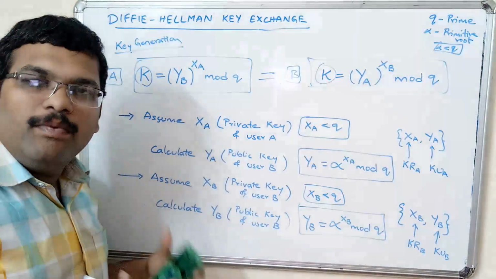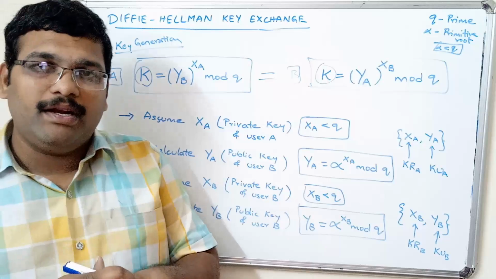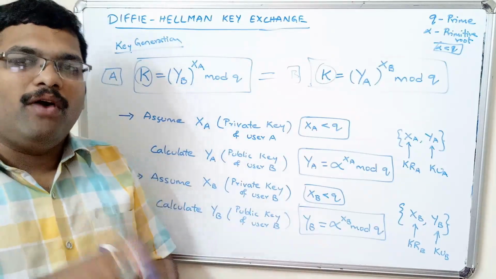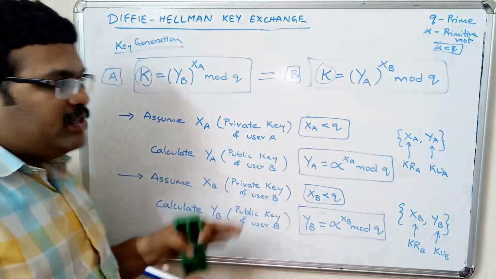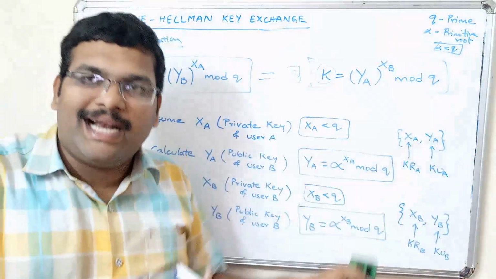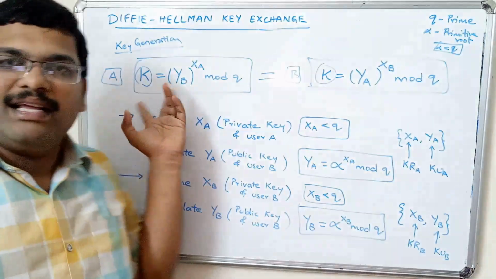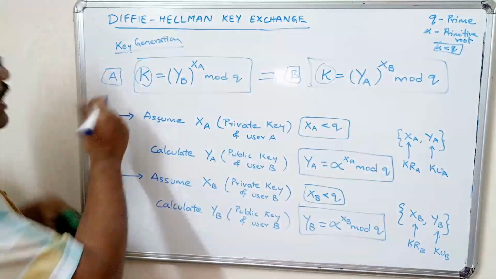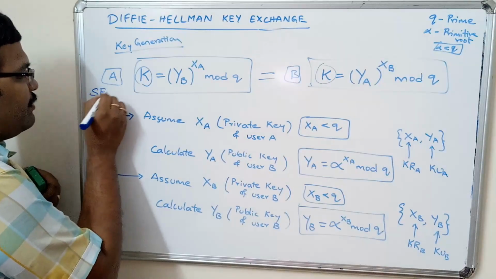And in the next step, we have to assume the private key of the receiver and calculate the public key of the receiver. And by using the public key and private key of sender and receiver, we will generate the key at both sides, at the sender side and the receiver side. So here A means sender side.